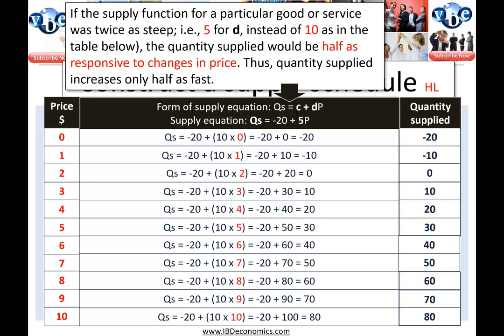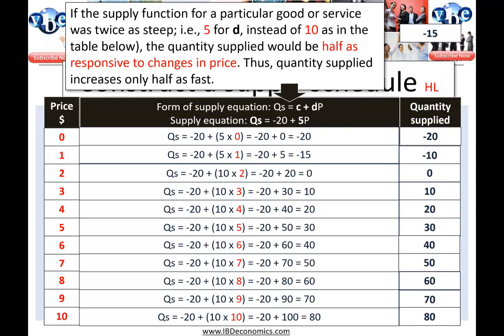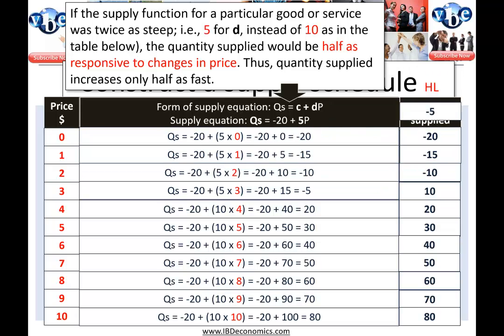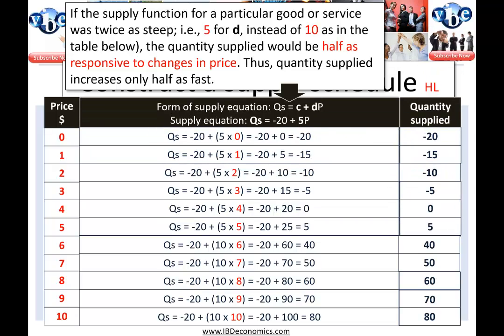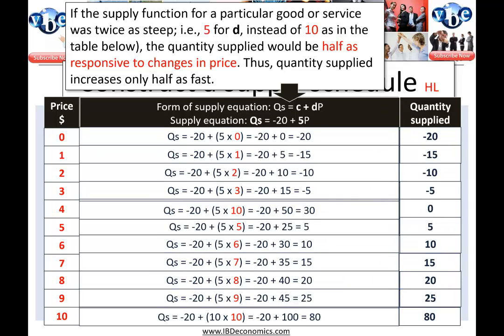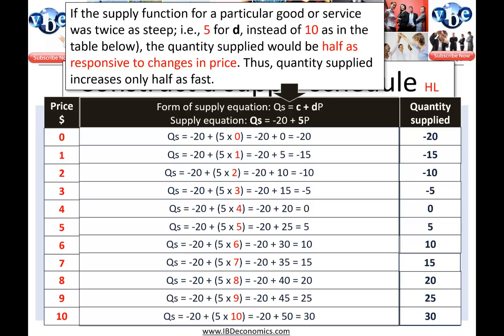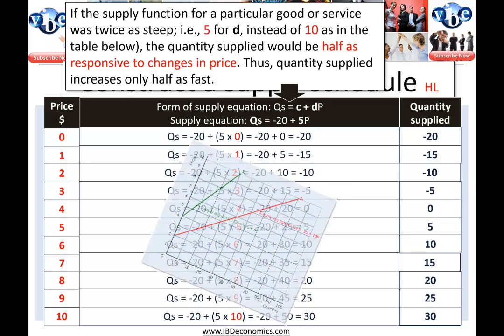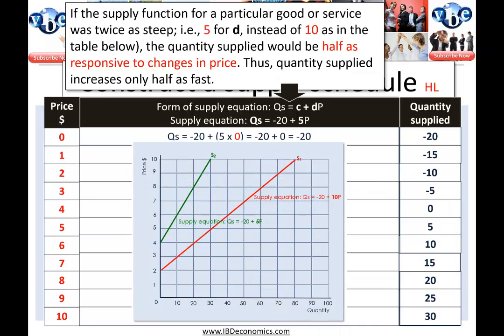Before it was plus 10p. So we can see that quantity supplied is only increasing half as fast. And that's the difference between the two supply curves there, S1 and S2.